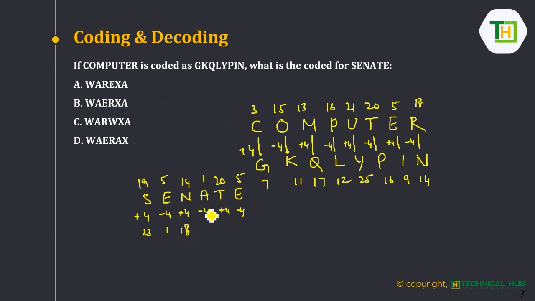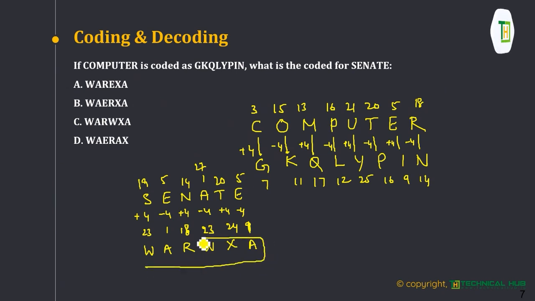Right. So 1 minus 4, instead of 1, I can write it as 27 also. So 27 minus 4 will be 23. It is 24 and 1. So 23 is W, 1 is A, 18 is R, 23 is W, 24 is X and 1 is A.